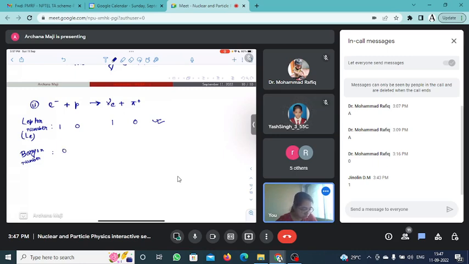For proton? 1. Electron neutrino? 0. And pi 0? 0 now. It is 1 up and 1 anti. So then baryon number is? Not conserved. Exactly. So then the decay is not allowed.